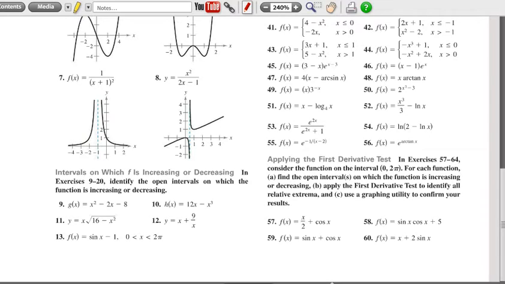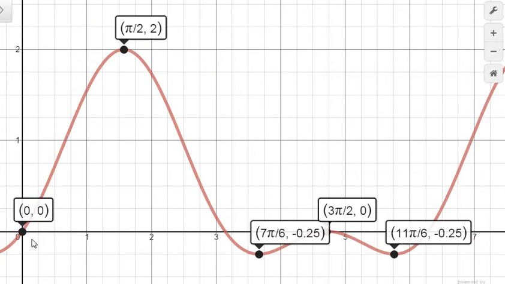Now let's see if this matches our expectations. So let's look at the graph here. And here you go. From 0 to pi over 2, along this interval in the x-axis, the function's increasing. From pi over 2 to 7 pi over 6, the function's decreasing. And then there's this little interval from 7 pi over 6 to 3 pi over 2 where the function is increasing again.